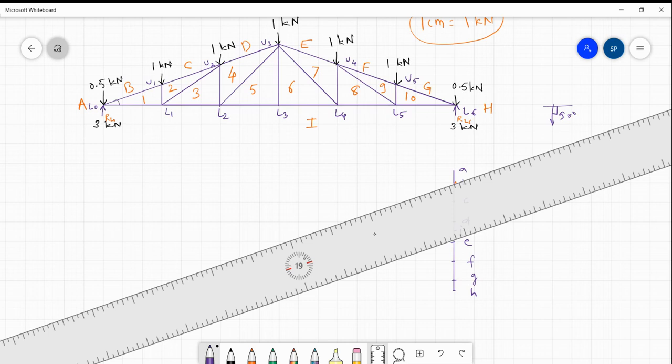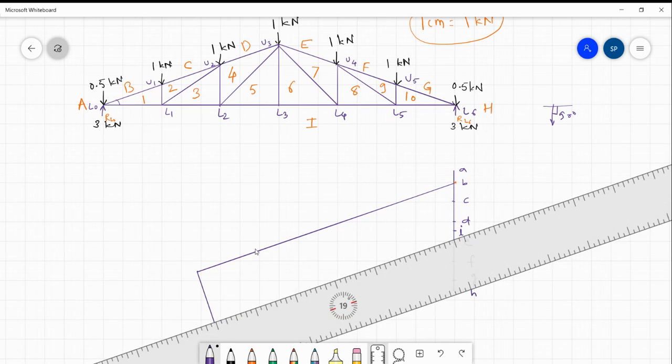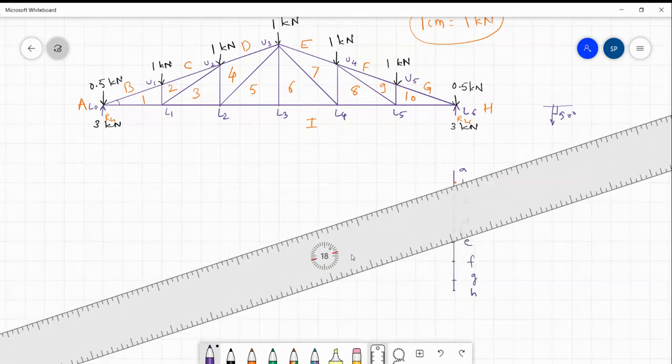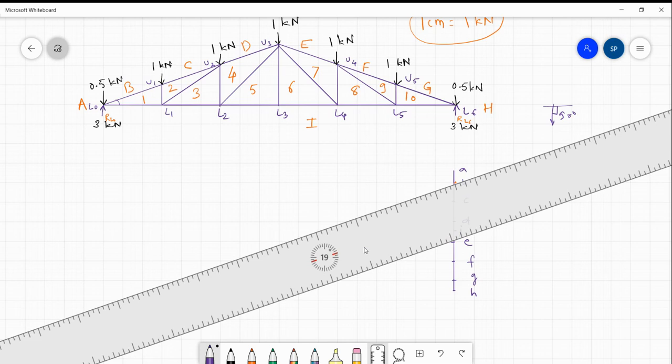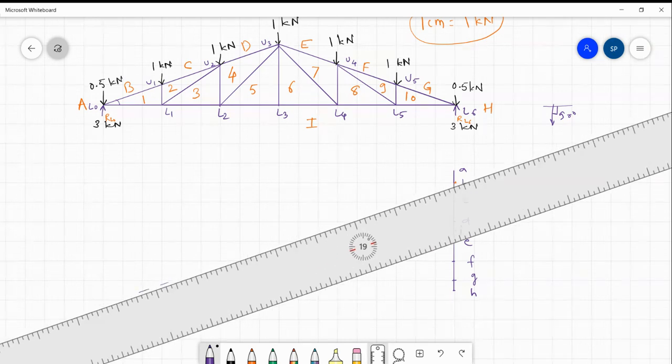I have taken a parallel line to this L0 U1. So I am drawing the line starting from B. I don't know where that second point is going to be, so I have just plotted blindly. I have just drawn this line parallel to that one. It starts at B, but I don't know the end point of this particular line.